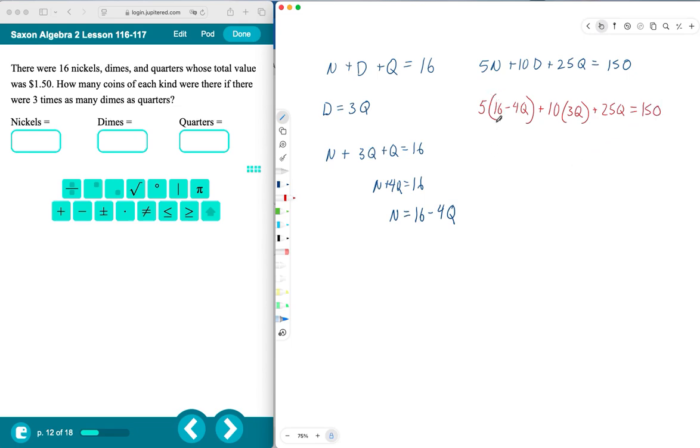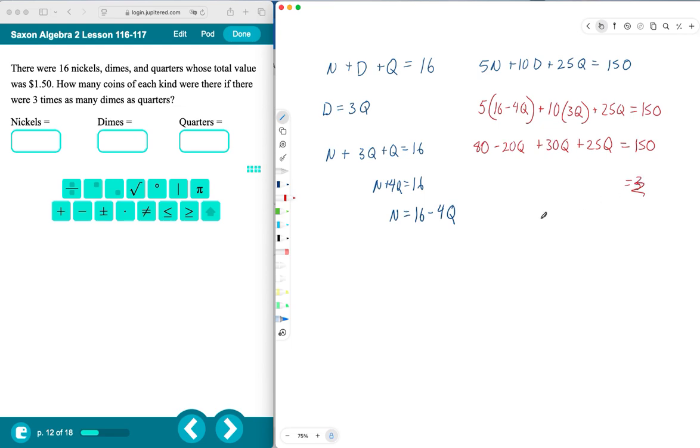So 5 times 16 is 80, 5 times negative 4q is negative 20q, plus 30q, plus 25q equals 150. If I subtract 80 from both sides, I get 30. No, I don't.